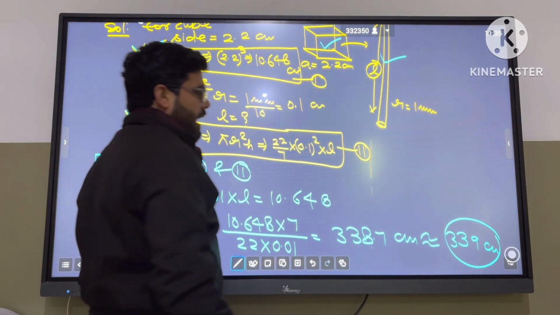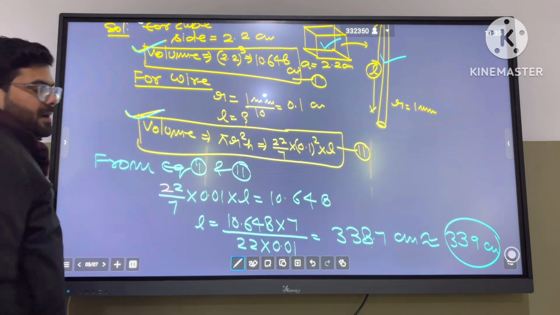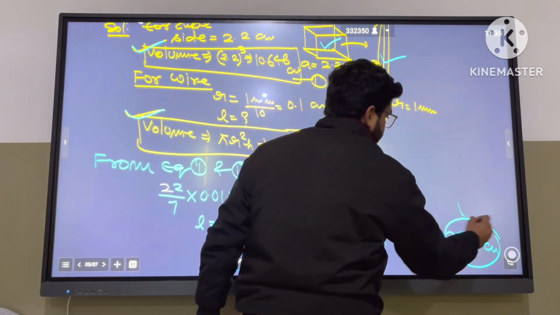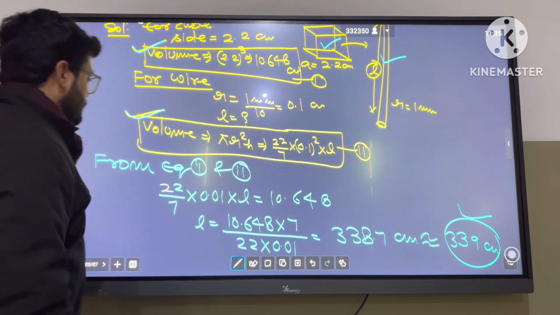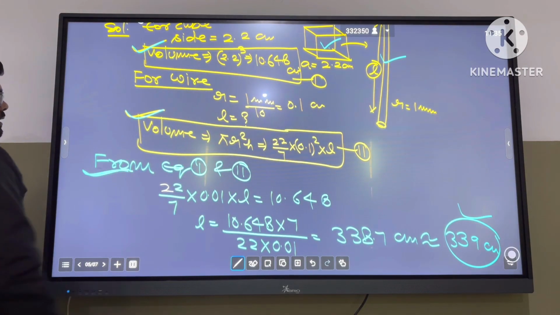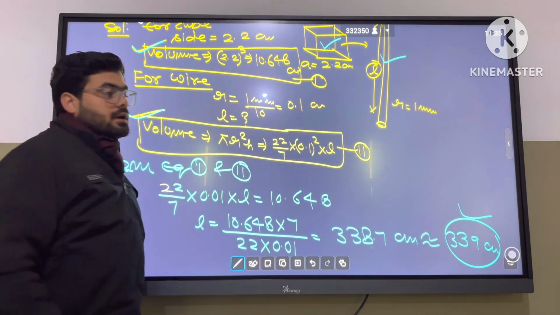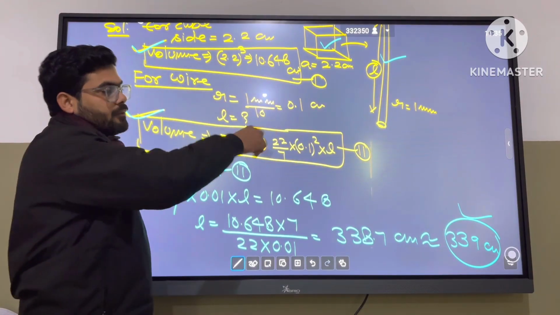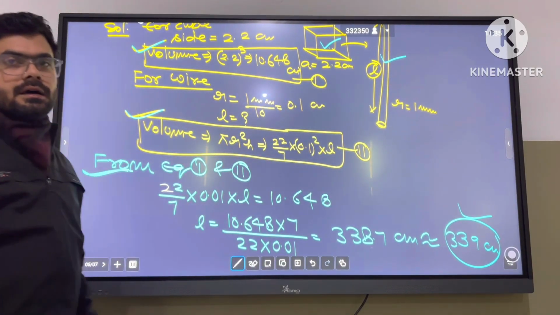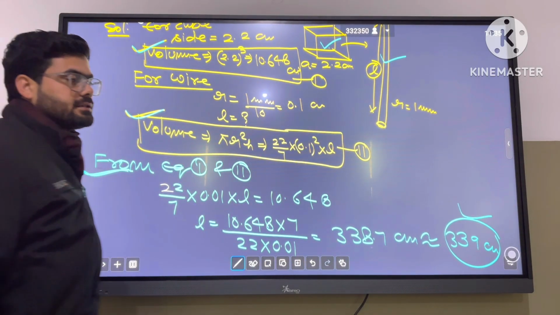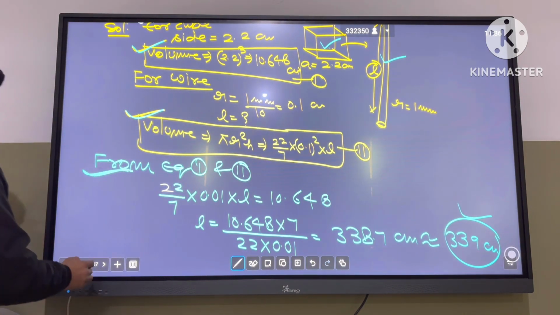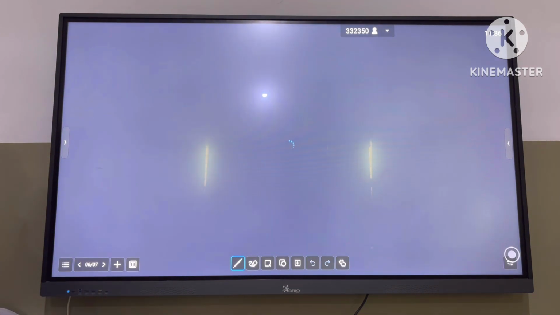This is the approximate length of the wire, 339 centimeter. तो बेटा यहाँ से आप इस तरीके से लेंथ फाइंड कर सकते हैं. Volume of cube is equal to volume of cylinder. Okay, cylindrical.